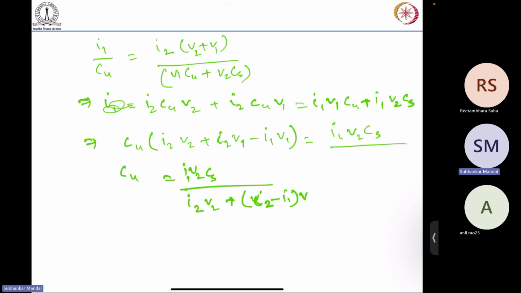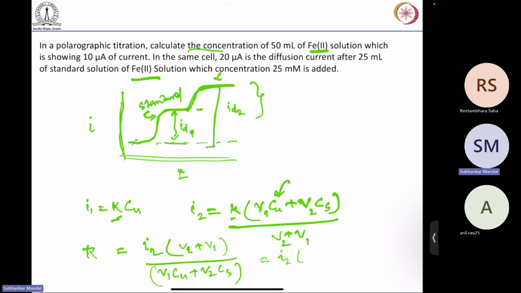No, this will be V1 and this is V2. So now I think we have all the parameters. These things we have to calculate, and I can write everything here.